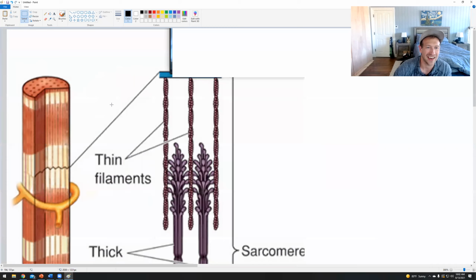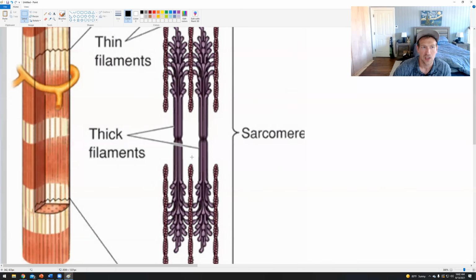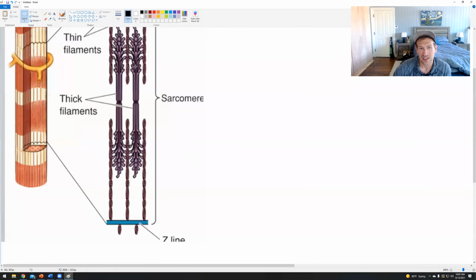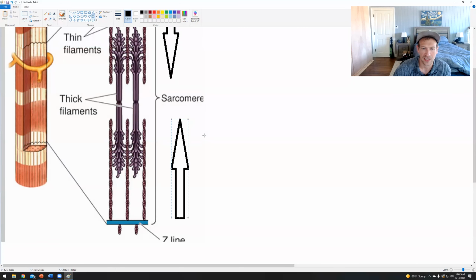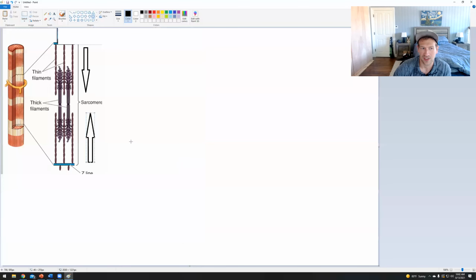Okay, take a look right here. There's our little thin filaments and there's our thick filaments. What's going to happen is these heads are going to reach up and pull towards the center right here. It's going to pull this way, and the other fibers are going to pull this way. The entire area where this is happening is known as a sarcomere.